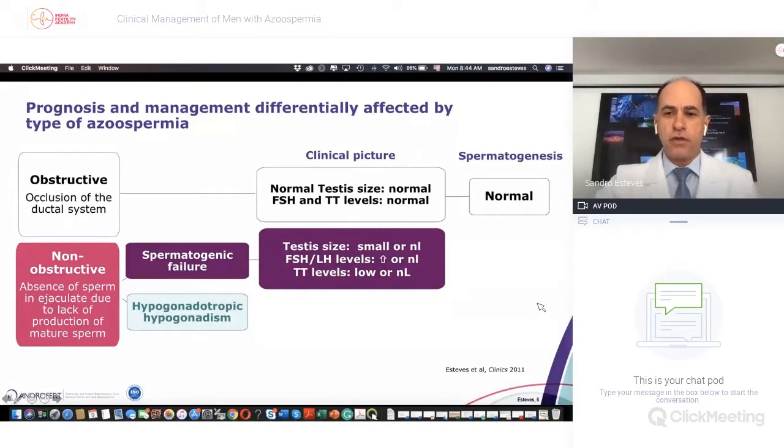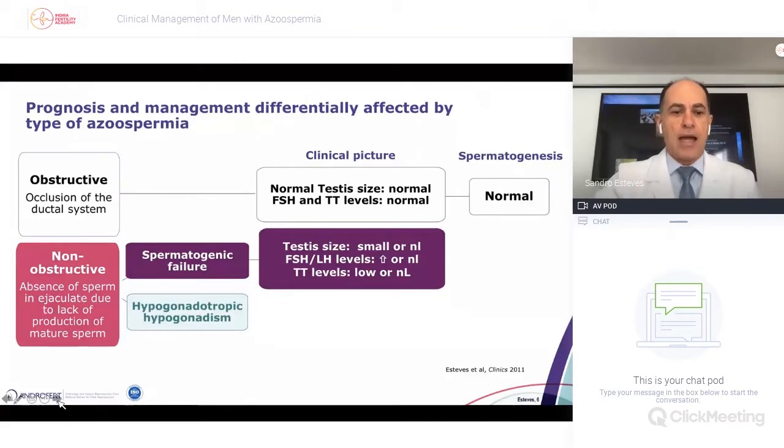In this condition, the testicular size may be small or normal. FSH and LH levels could be elevated or normal. And total testosterone levels, again, low or normal. This is the clinical picture related to the physical examination and the endocrine profile.